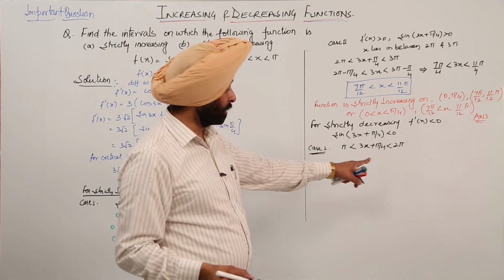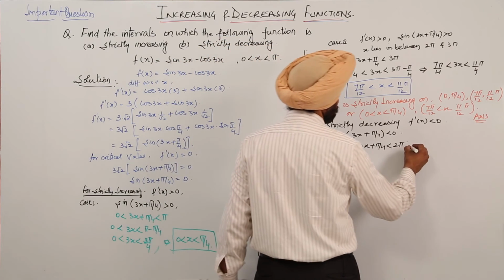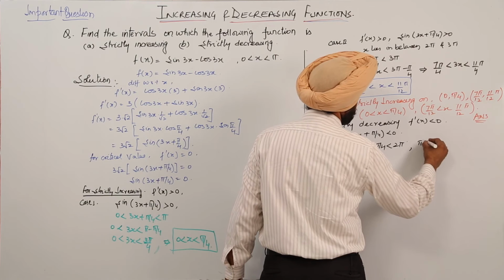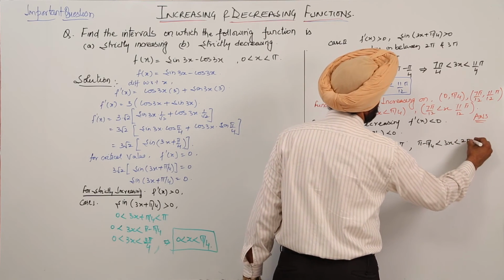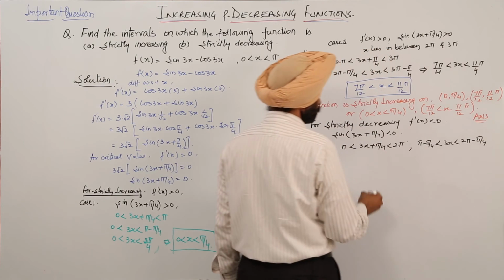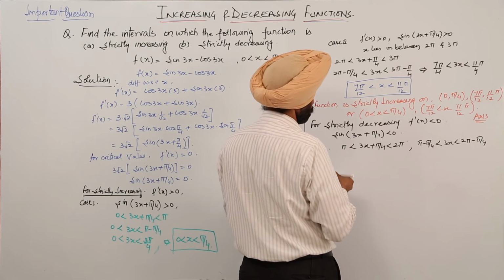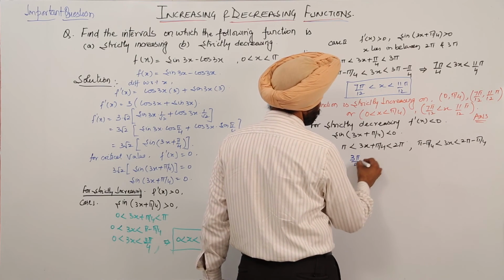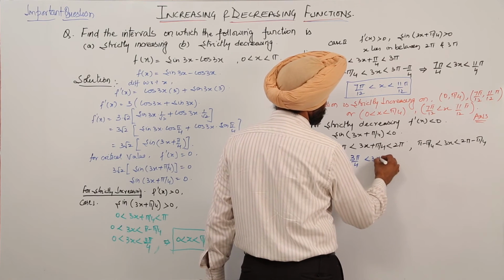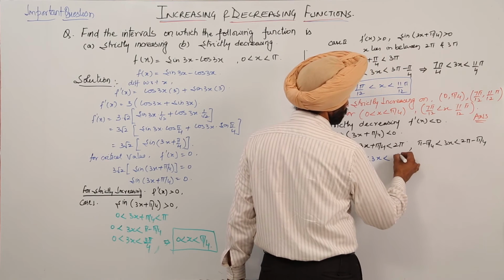Now on solving, what are we getting? First of all, removing pi by 4. Pi minus pi by 4 is less than 3x is less than 2 pi minus pi by 4. So pi minus pi by 4 is 3 pi by 4, so 3 pi by 4 is less than 3x is less than 7 pi by 4.